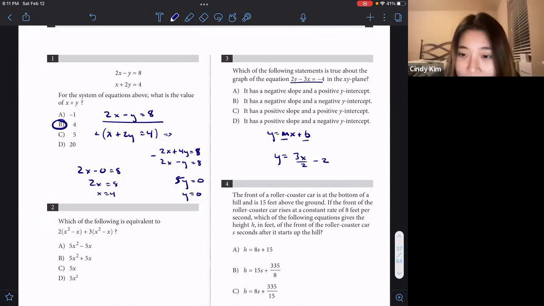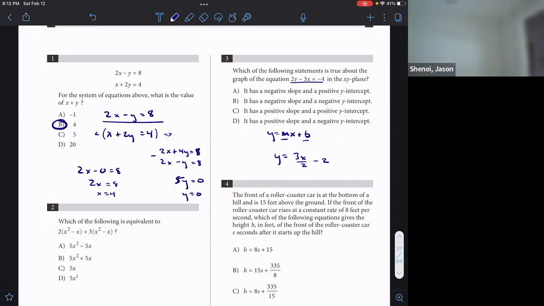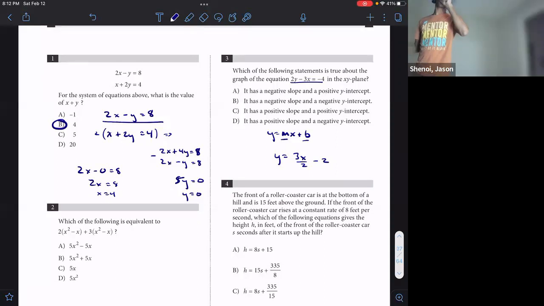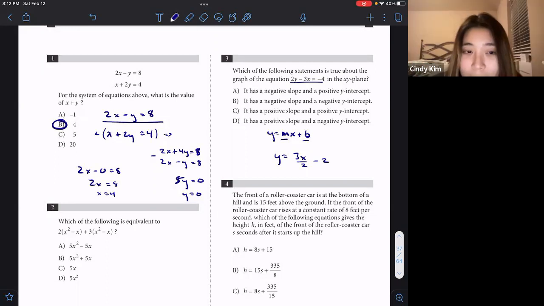Wait, how do you know if it's negative y-intercept or positive y-intercept? So what is the equation? What is the standard equation of the line? Y is equal to 3x over 2. No. Not with numbers. Oh, y is equal to mx plus b.